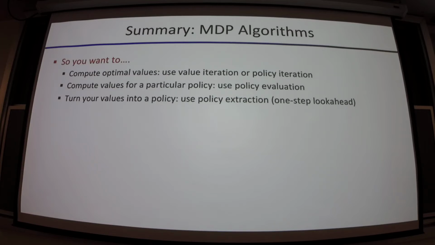This we used in policy iteration, where we would use policy evaluation. And if we want to turn our values into a policy, we would use policy extraction, which is just this one step look ahead. Just say, I've got a state, what are the options? Just take the best one. You've already defined the values, so you can make that decision in a smart way in one step. Make sense?